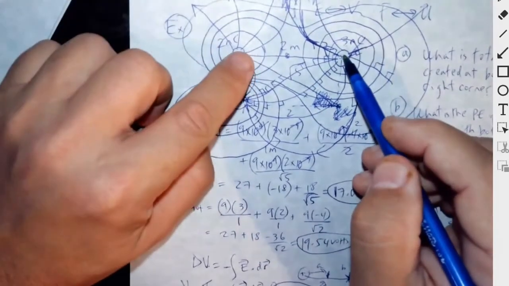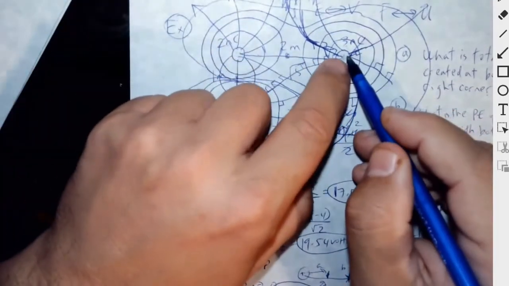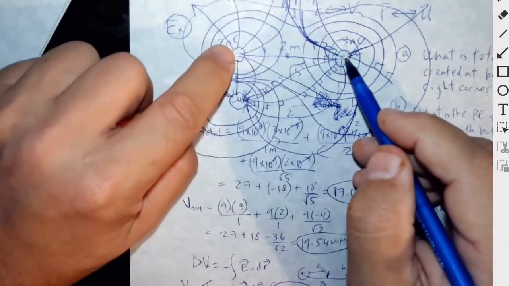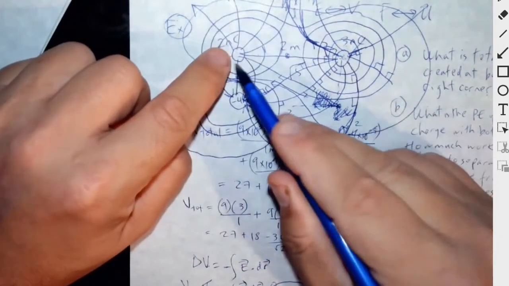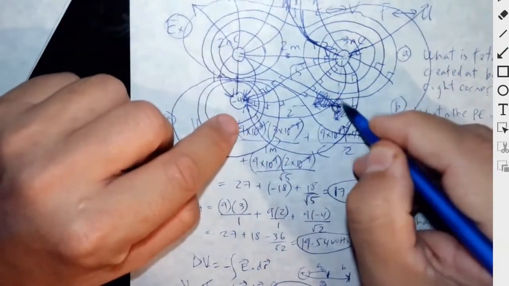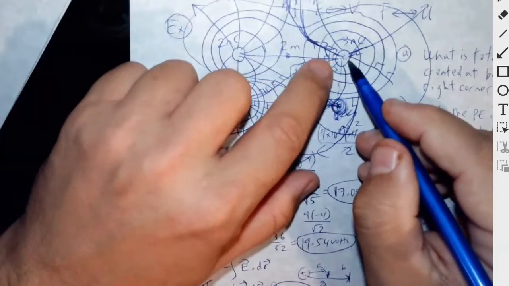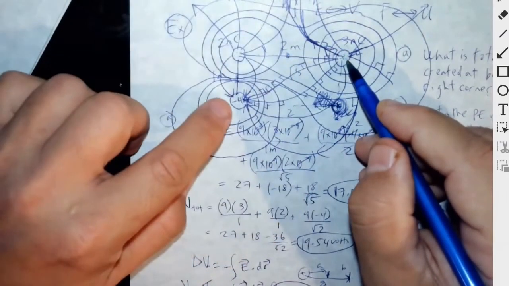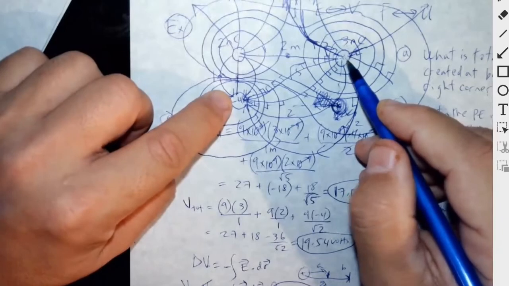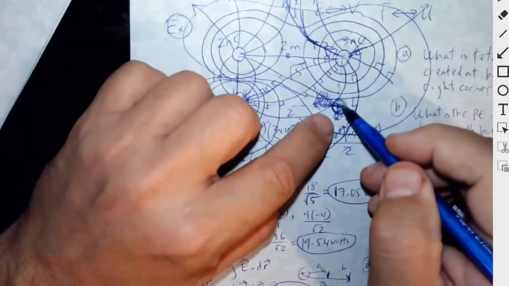So if you have 3 charges, how many energies do you have? This with this, that's 1. This with this, that's 2. And we already did that. And then this with this. If you had 4 charges, how many overall energies would you have? You would start with the one that is 3.